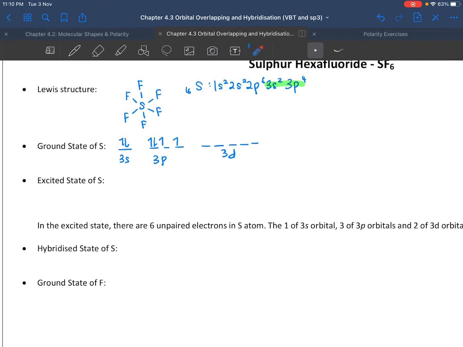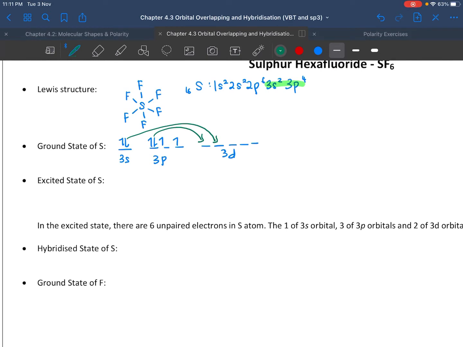Okay, so as we can see, dekat Lewis structure, we need 1, 2, 3, 4, 5, 6 unpaired electrons to form 6 bonds. Okay, so maksudnya kita kena excite lah kita punya elektron ni pergi ke sini. Okay, kali ni dua-dua kita kena excite sebab kita nak produce 6 unpaired electrons, so kita boleh hasilkan 6 bonding between S dengan fluorine.